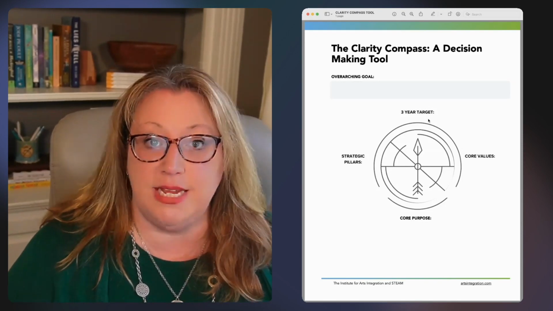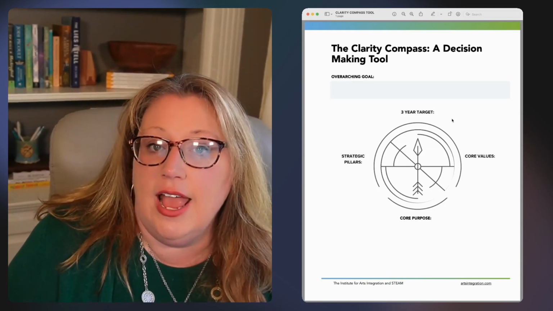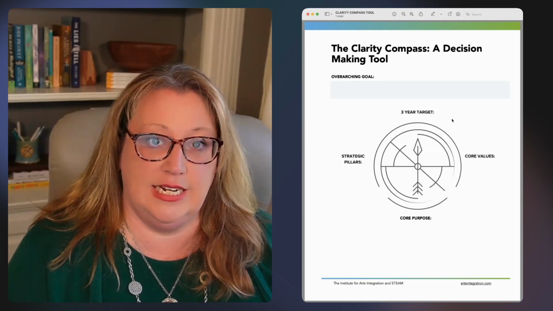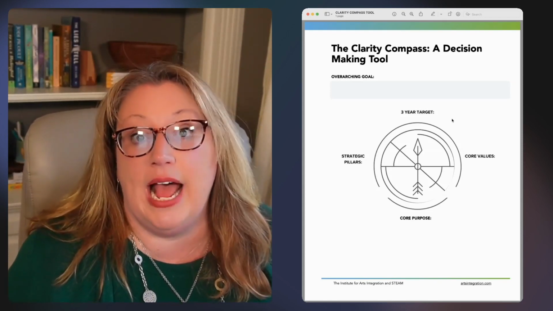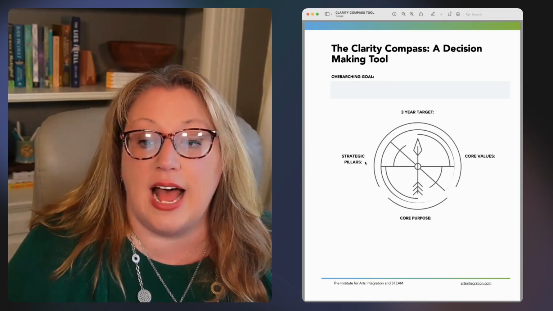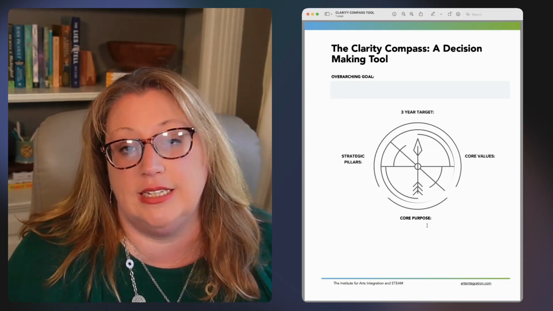And if it doesn't meet an area of your compass, you need to determine, is it just one area? And if so, which area is it? And are there opportunities to attach or build something into this that would help meet that missing link? Or if it's missing a lot of those areas, then it's not a good decision or it's not going to work and we need to let that go.